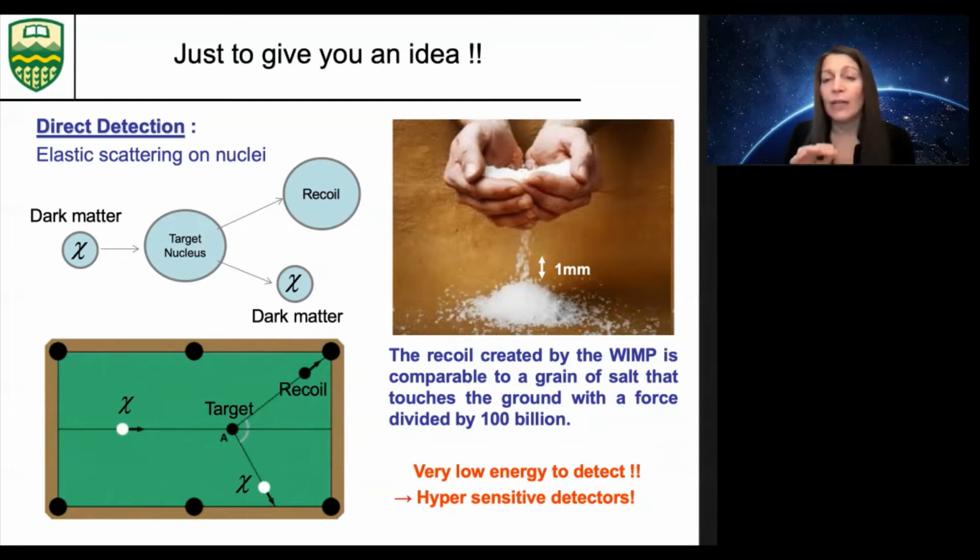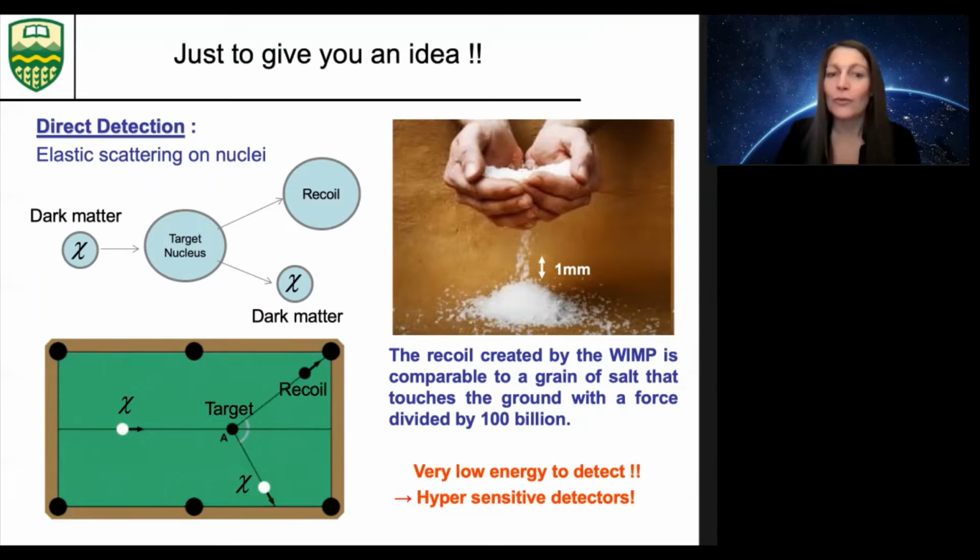It's very, very low energy to detect. So that means we need a hypersensitive detector to detect dark matter. And when you say hypersensitive detector, that means we can detect everything as well. So we want to detect a very rare event without being bothered by everything else. But this is something I will talk about a little bit later. These are the main challenges we have.